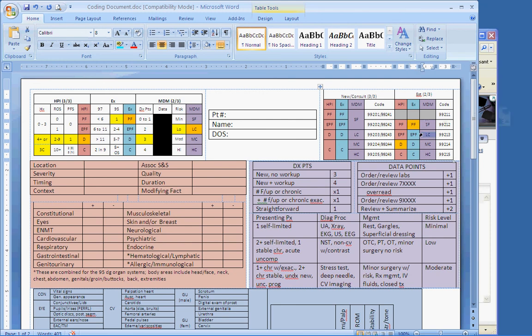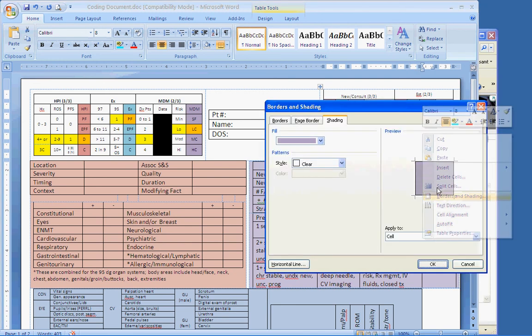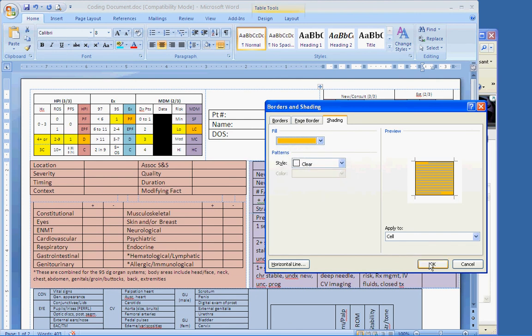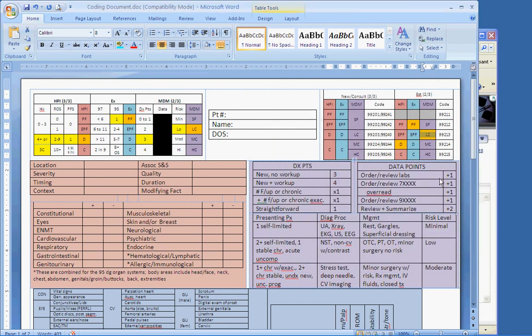And we have low complexity. Okay, remember that the lowest guy wins, but we've also got this established 2/3. If we drop the exam, the lowest guy would make this a 99213.